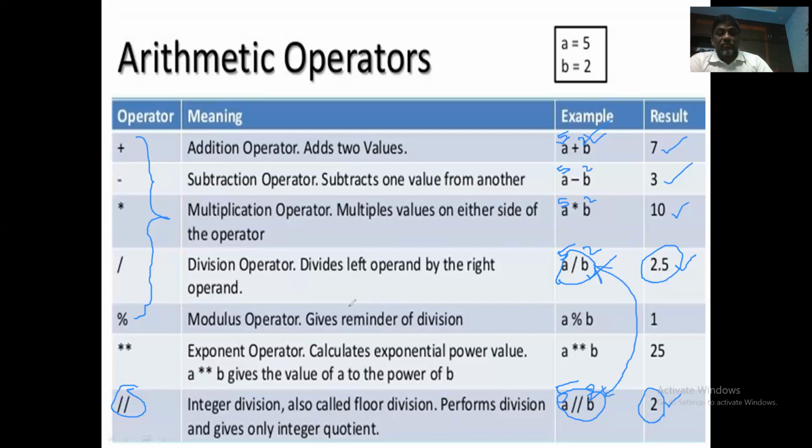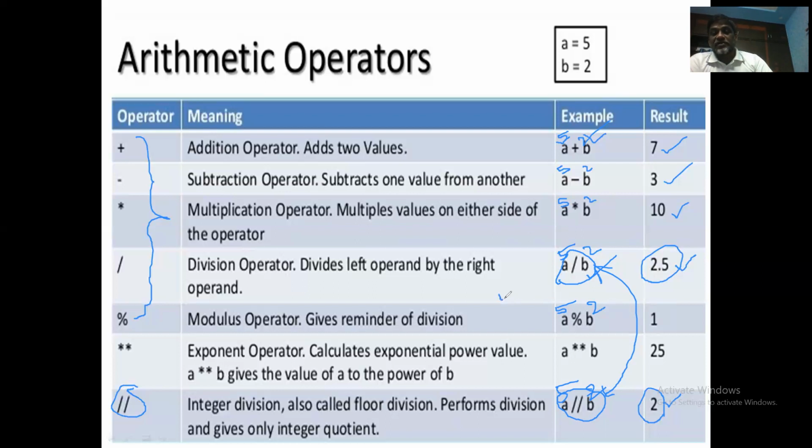Okay, and then fifth one is modulus operator, which is also called as a remainder operator. So when you perform this modulus operation on two integers, it returns the remainders. Okay, so 5 percentile 2 is equal to 1. Why?